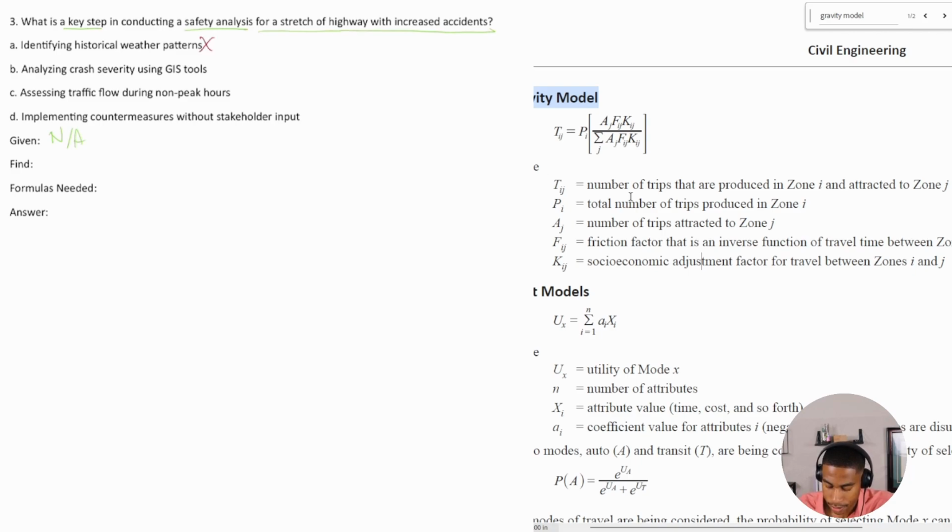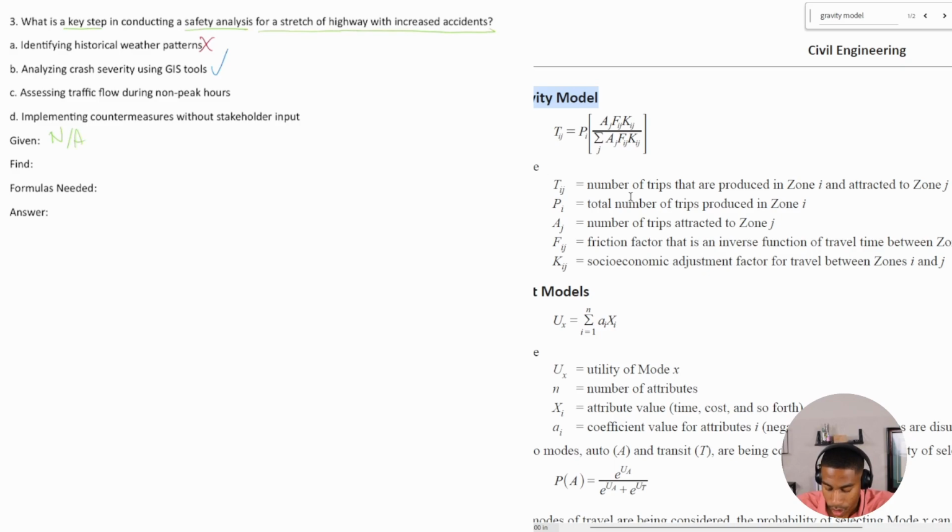Analyzing crash severity using GIS tools. GIS is based on location. I'm looking at how severe these crashes are over a stretch of period. So I would say this is yes. Assessing traffic flow during non-peak hours.